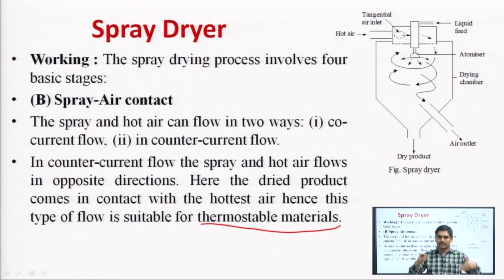How? Because air and spray are moving in opposite directions. So, suppose this is the position of hot air or fresh air, and here the dried products are coming. So, these dry products come in contact with the hottest air. That is why this is suitable for thermostable materials.